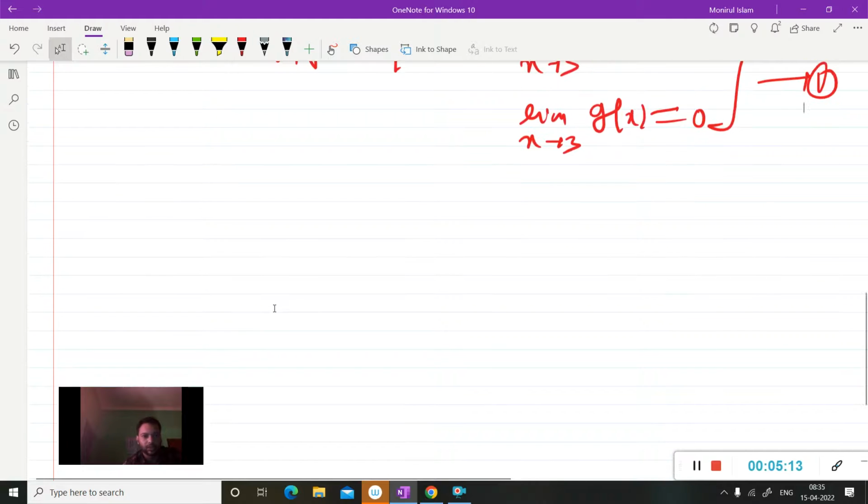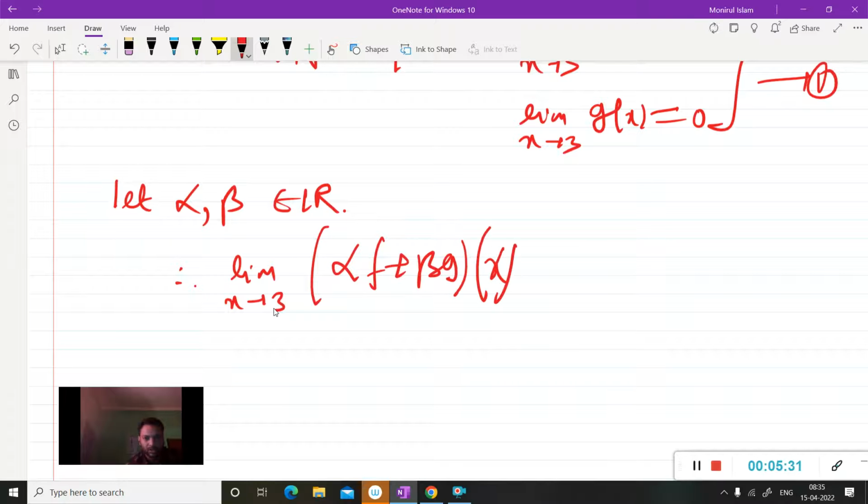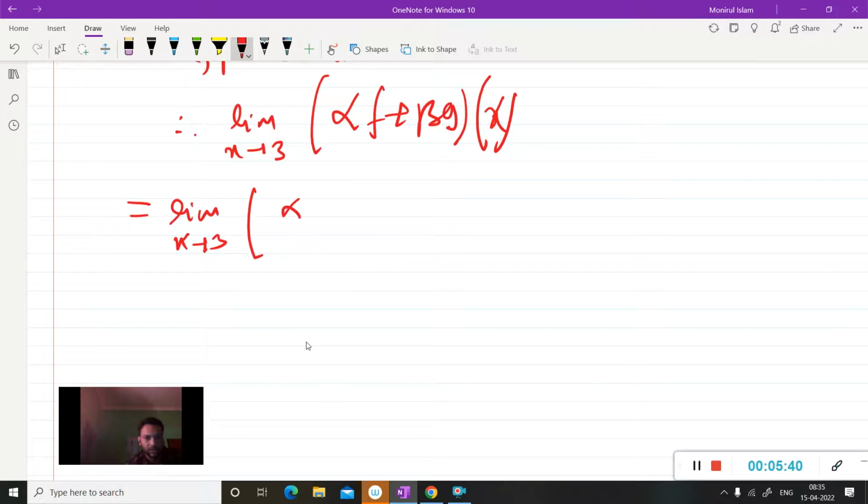Now take two scalars alpha and beta belonging to the scalar field R. Then what can you say about the limit as x tends to 3 of (alpha f plus beta g)(x)? This will be the limit as x tends to 3 of alpha f(x) plus beta g(x), right?